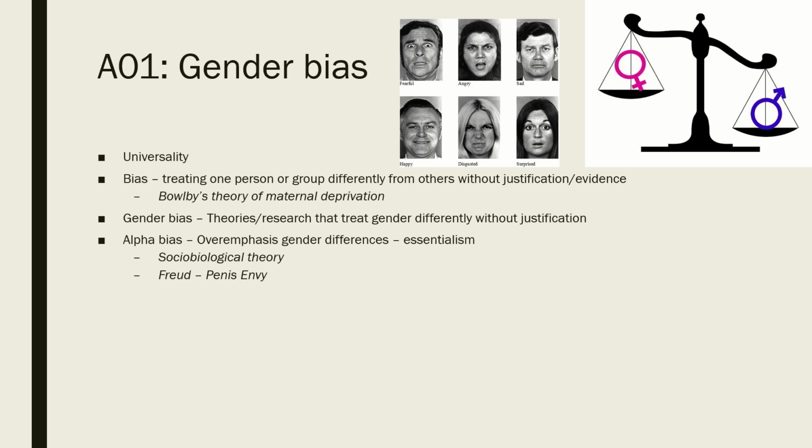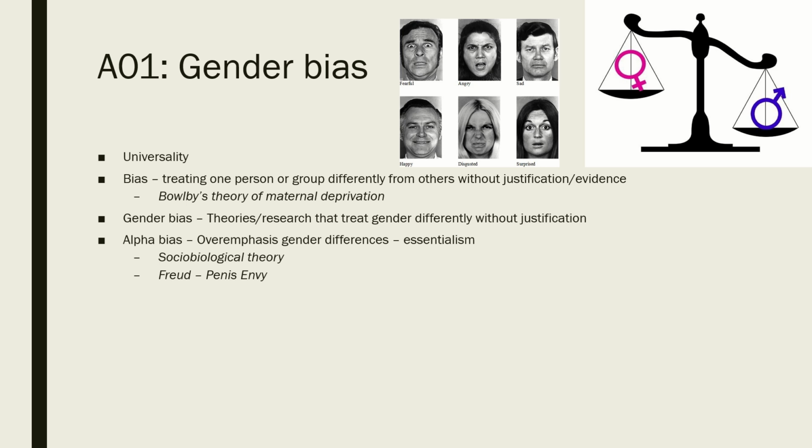Okay, so the fact that this gender bias exists makes it not possible for universal theories to be developed. So there's this issue of bias, and there are several different types of bias. So alpha bias is the overemphasis of gender differences, and this sits hand in hand with the concept of essentialism.